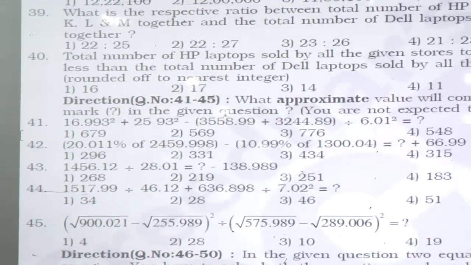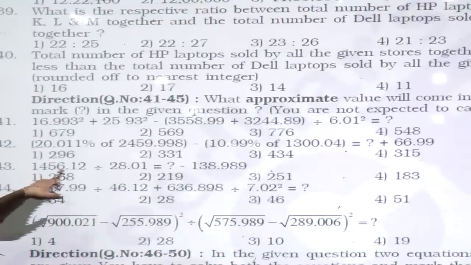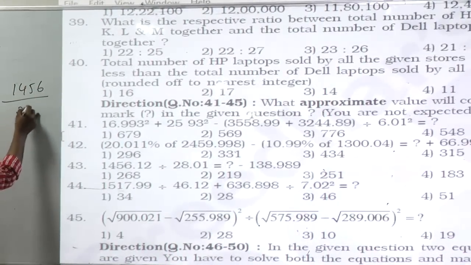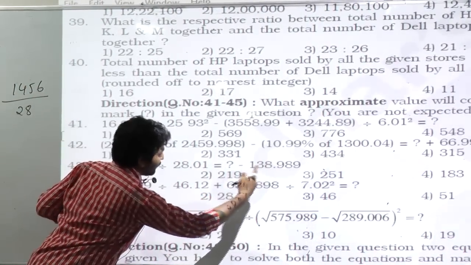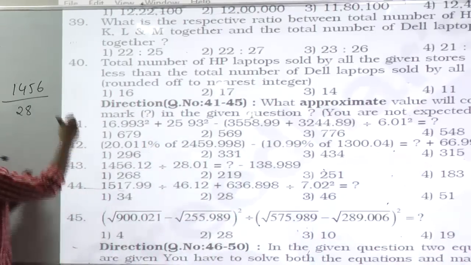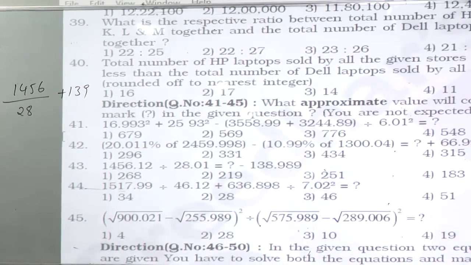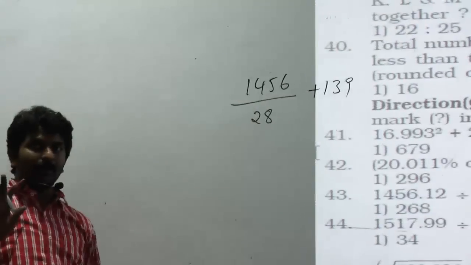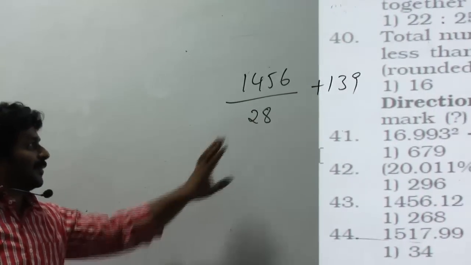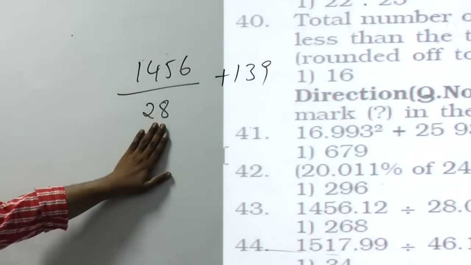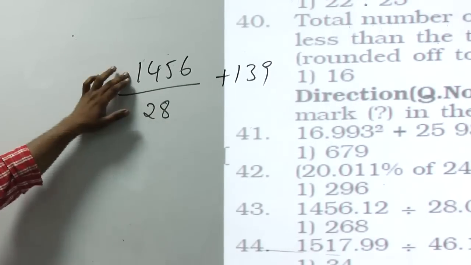Now, how much is this? 1456 divided by 28. Take this negative number 139 to left hand side, becomes plus 139. And this is what your answer. Right? 100 times of this number? 50 times of this number? 1400.